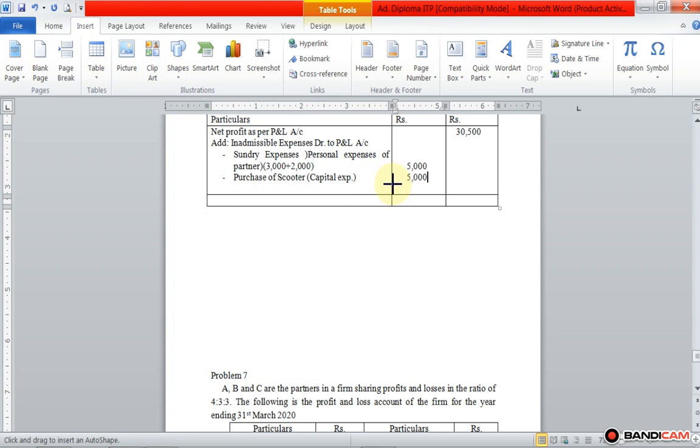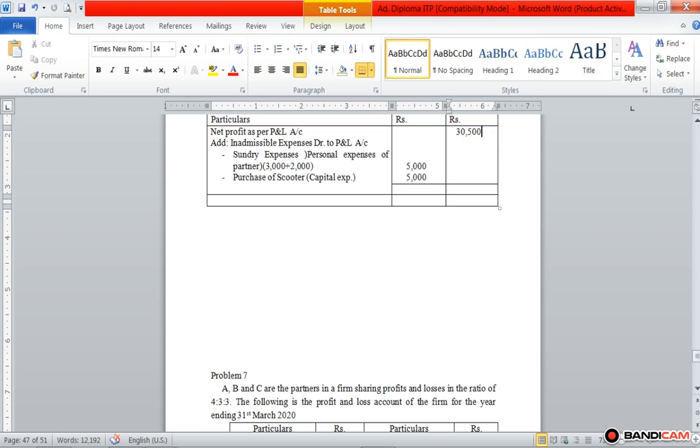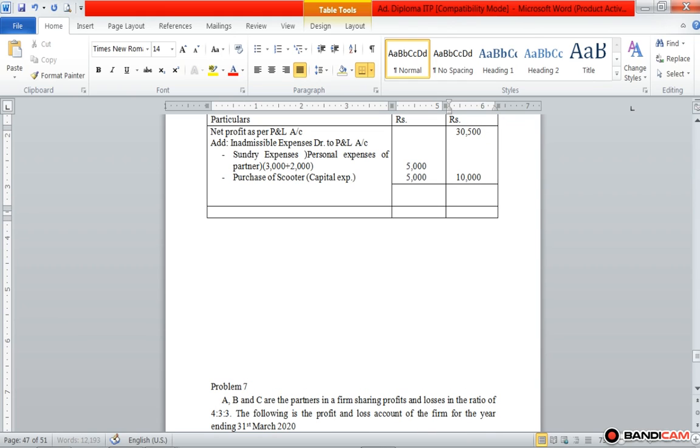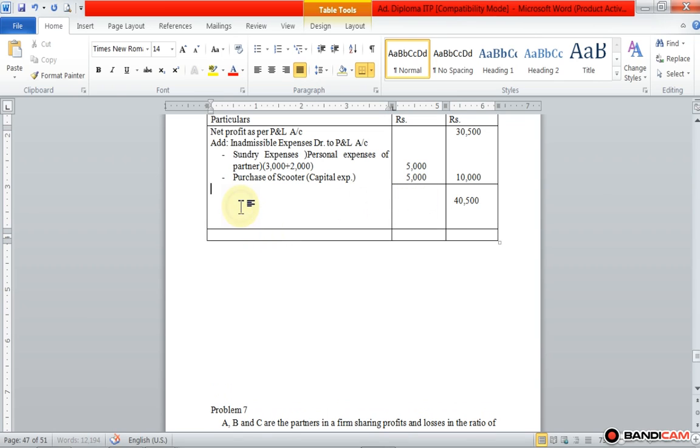Add this 10,000 to 30,500, and the total is 40,500.